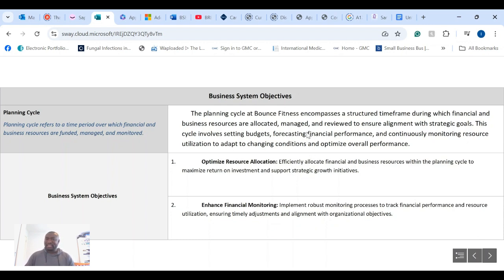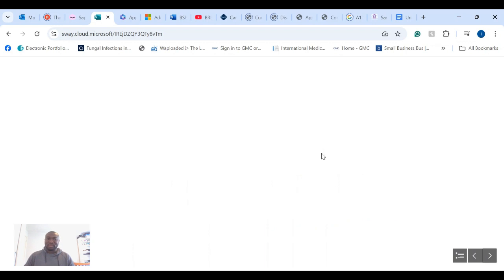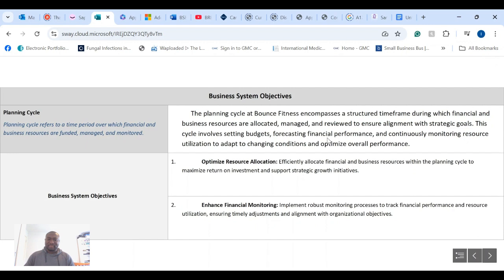So, the plan is to talk about some recommendations regarding spending, and the objectives mainly are to optimize resource allocation efficiently.